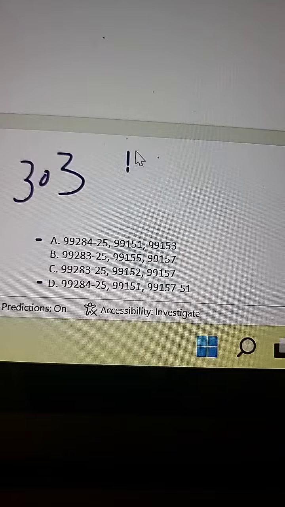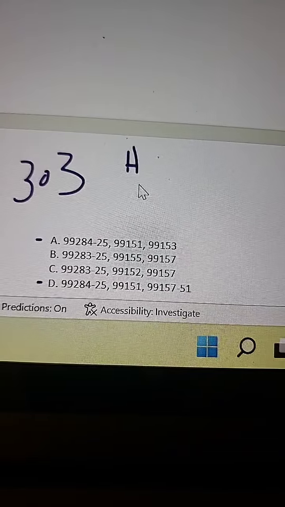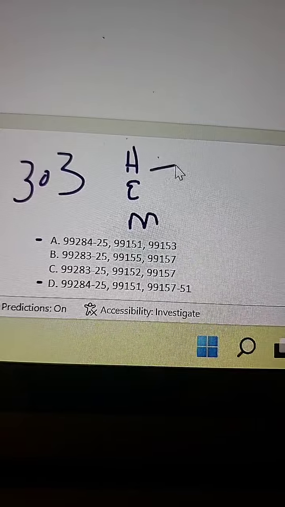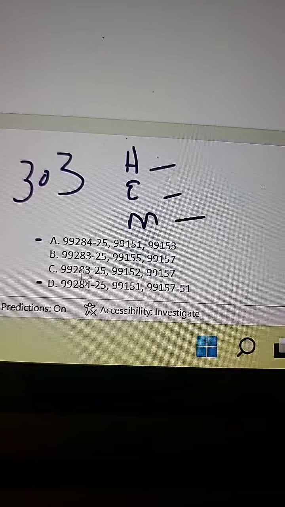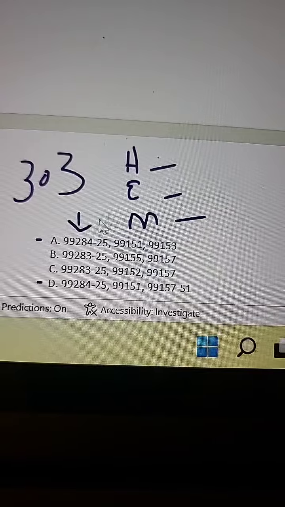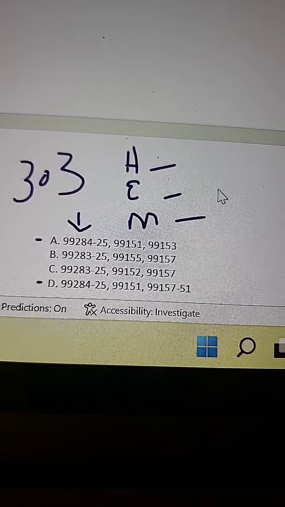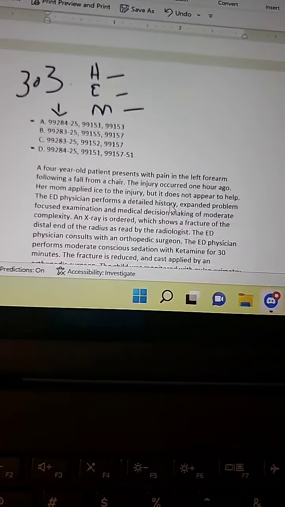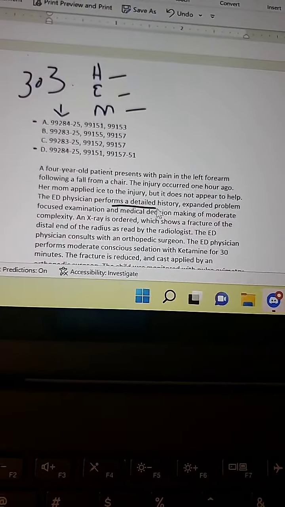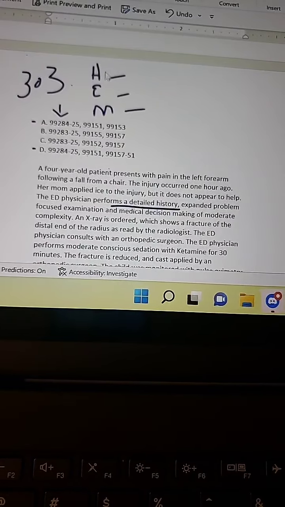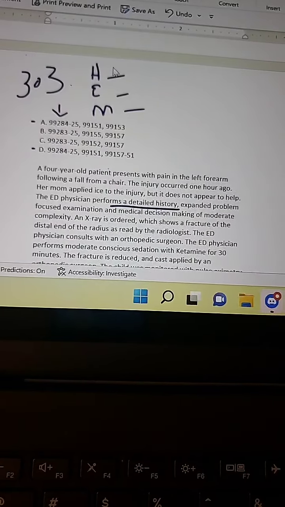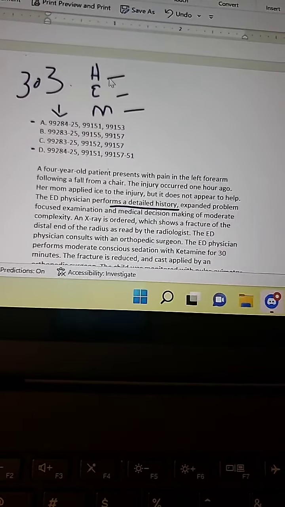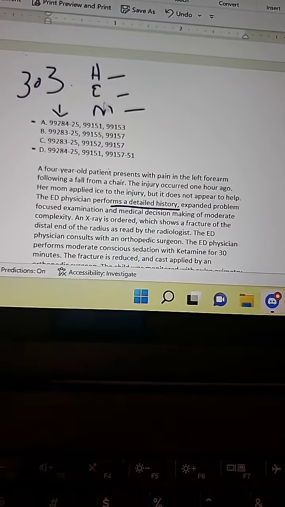So I need to look up my history for this patient, their exam, and their MDM so that I can bill a level visit of their E&M. So I'm going to search the question just for history. And right here I've got a detailed history. Detailed goes with, is that 84? Is it? Oh, I'm bending pages.